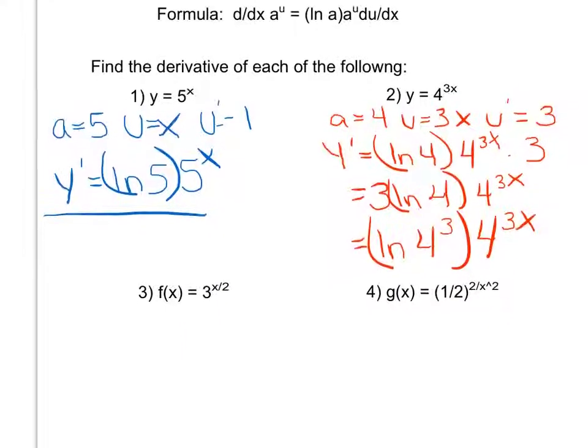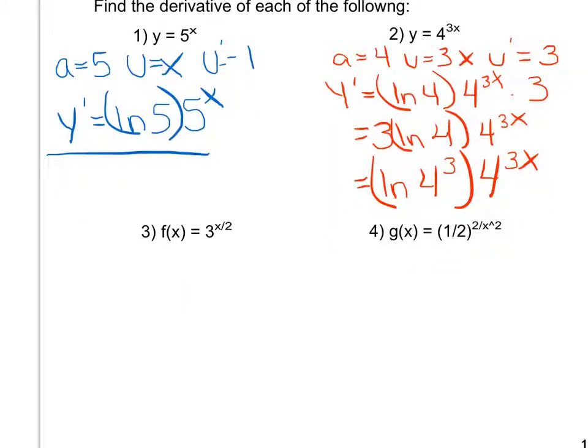Looking at the last 2 examples for this video, I have f of x equals 3 to the x over 2. I notice it is exponential. Once again, my a is just my base, which is 3. My u is x over 2. Remember, that's the same thing as saying 1/2 times x.